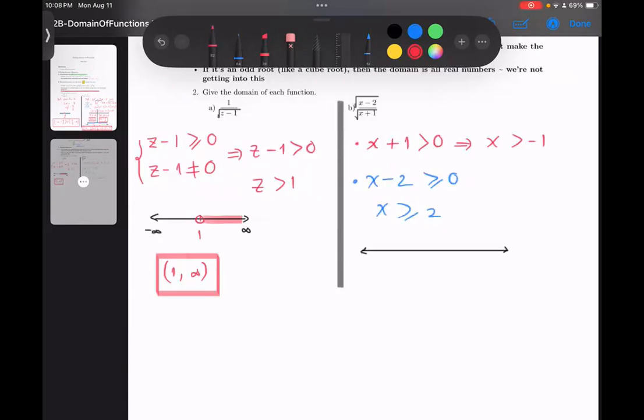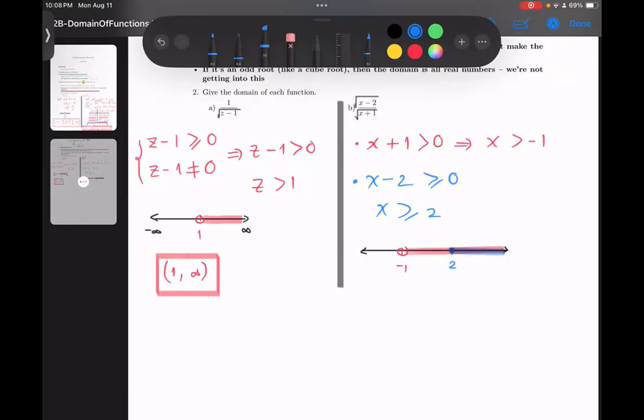All right, let's combine these two results. I have negative 1 here. I don't want to include negative 1, so a hollow dot. And I have 2 here. I can include the 2, so a solid dot. The red part says x has to be greater than negative 1, and the blue part says x is greater than or equal to 2. We're going to choose the overlap because we want to satisfy both.